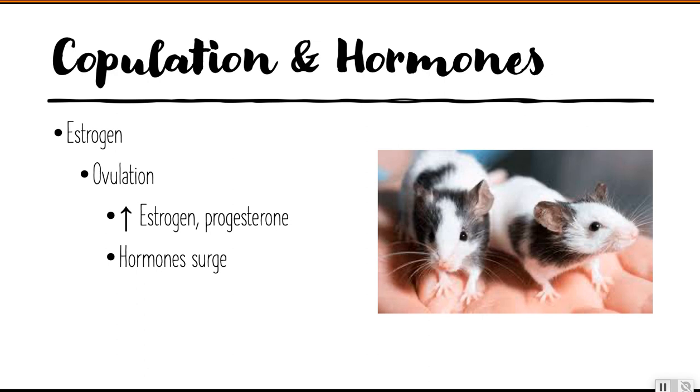So females' hormones in rats are surging during ovulation. And this hormone surge increases proceptive behaviors, and it activates the receptivity of the females towards the males.